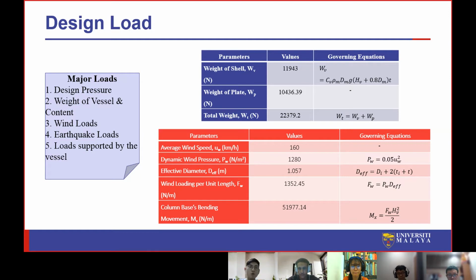For this case study, only the weight of vessel and content and wind loads will be considered. Detailed equations and method of calculation will not be discussed here. The blue table here shows the weight of vessel and content, while the red table shows the wind load. And the parameters of interest will be the total weight and column-base bending moment due to wind load.